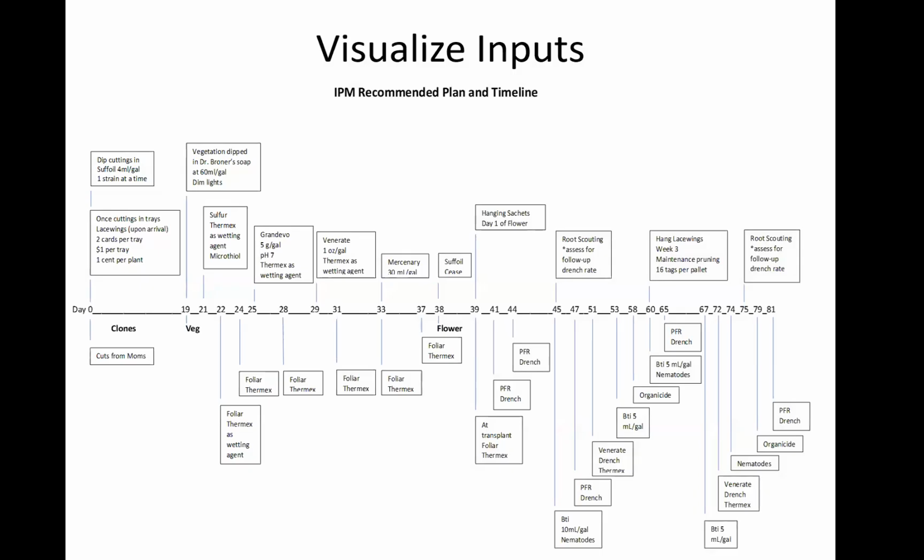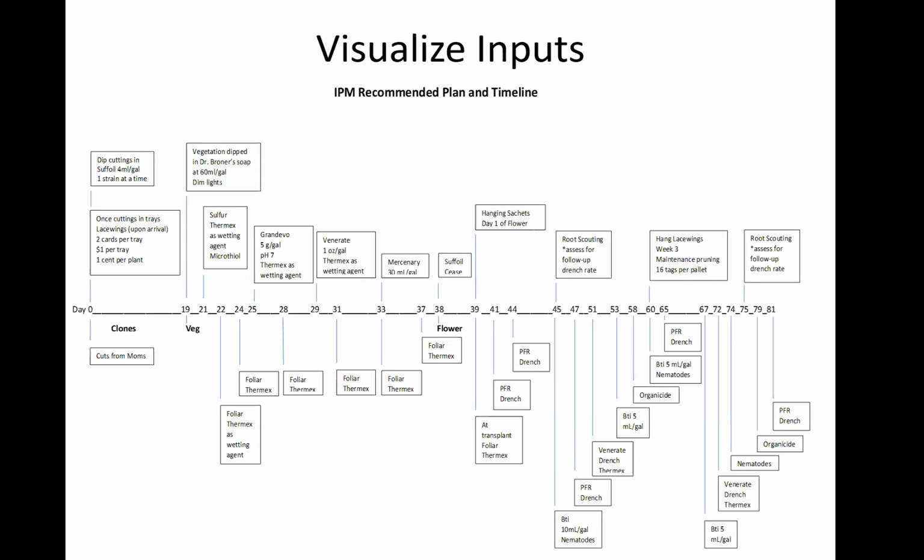This is a generalized map. Happens to be cannabis. We came in, there was a heavy root aphid infestation throughout the facility. And so this was just a sketch up of some inputs over the timeline, potential inputs. And so from day 0 to day 81, everything above the line is a foliar application.